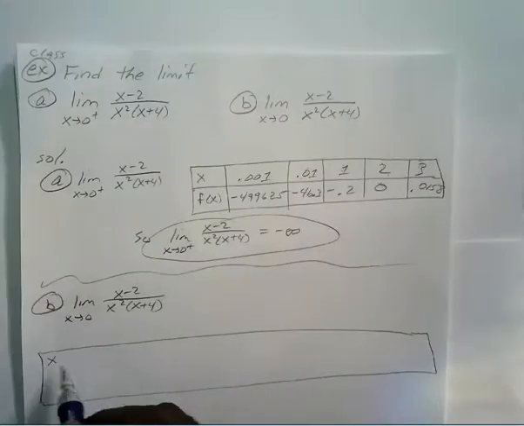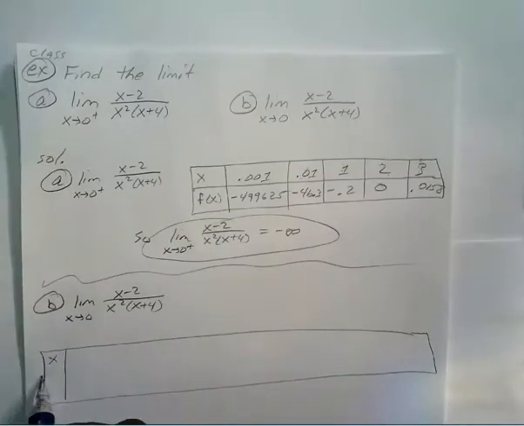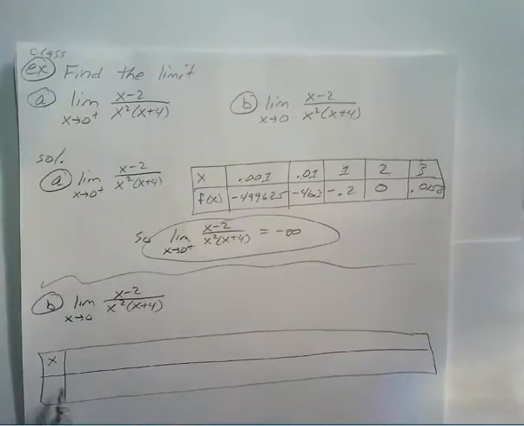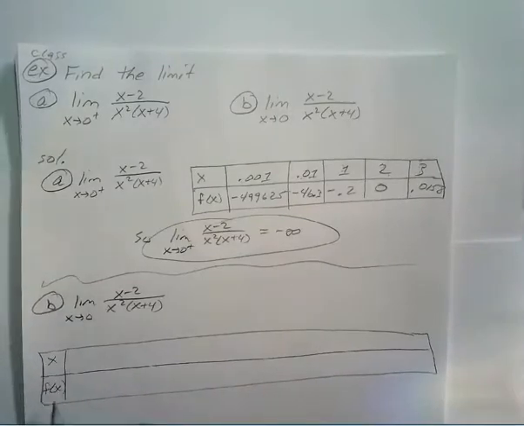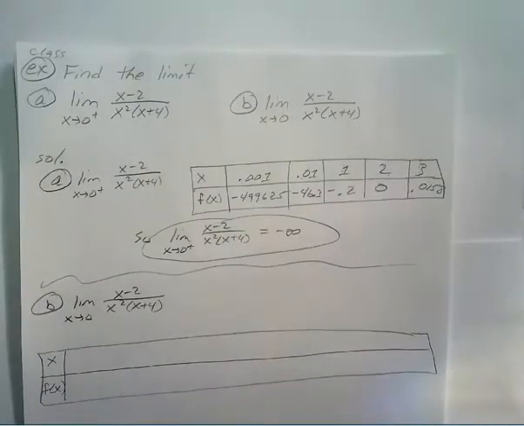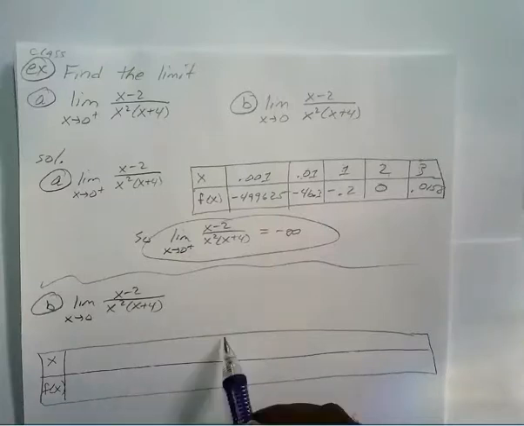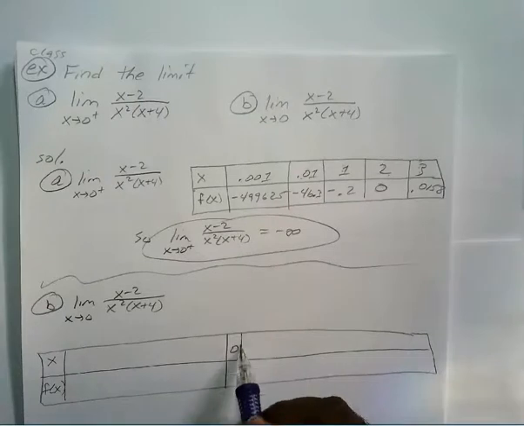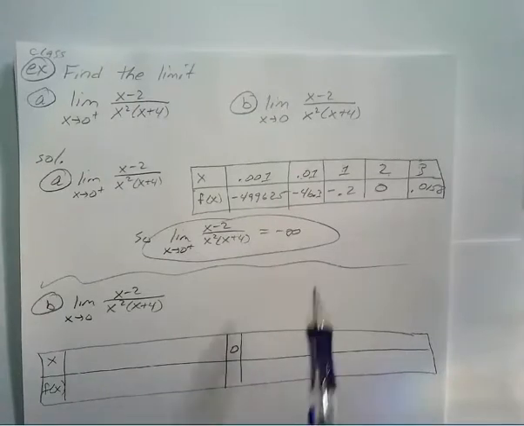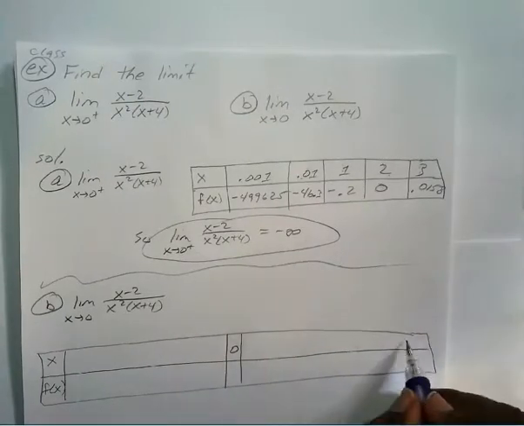Okay, well, this is our x, and we have our f of x. And we're approaching 0, so we'll approach it from the left and right. Okay, we already have it from the right, so we can just reuse those.